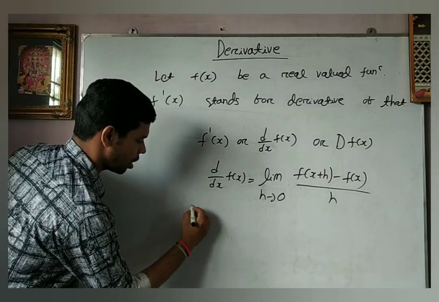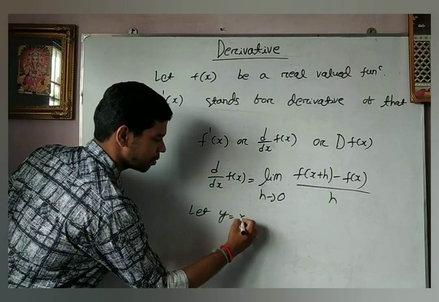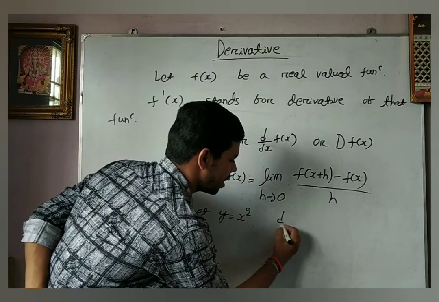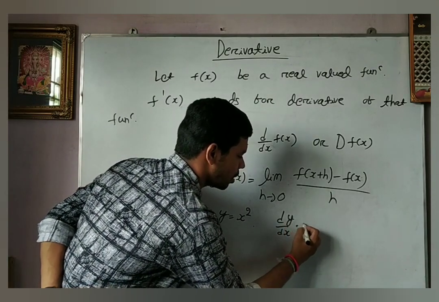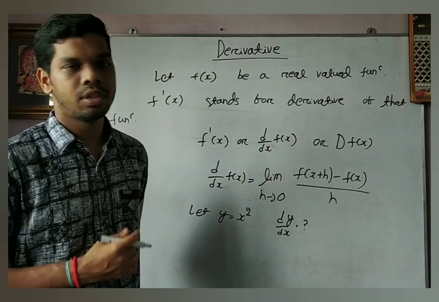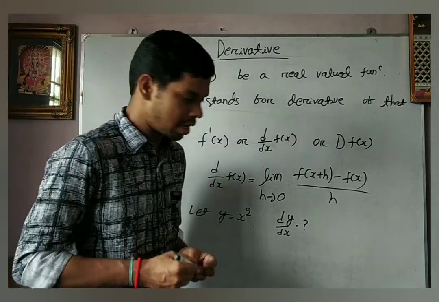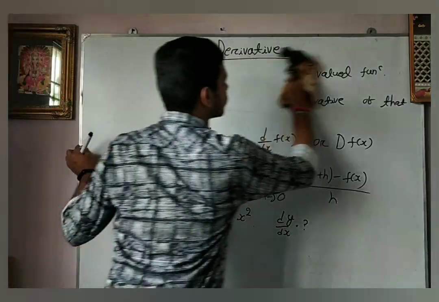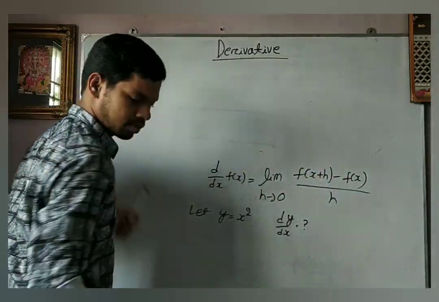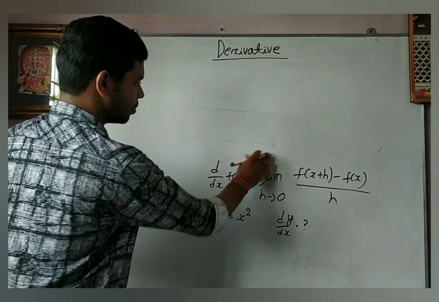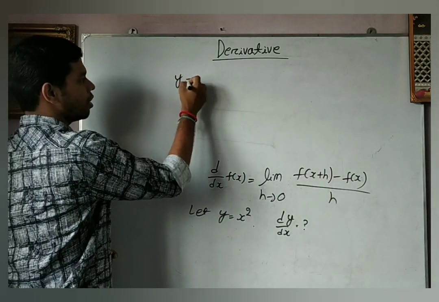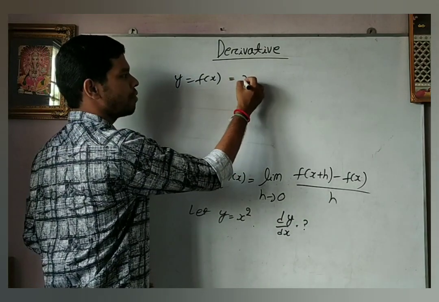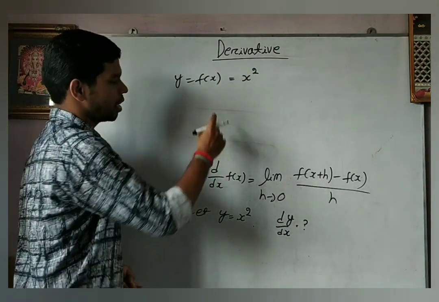Suppose y equal to x square, and we have to find the derivative of y using this formula. y equal to f of x, and here given that y equal to x square, that means f of x equal to x square.